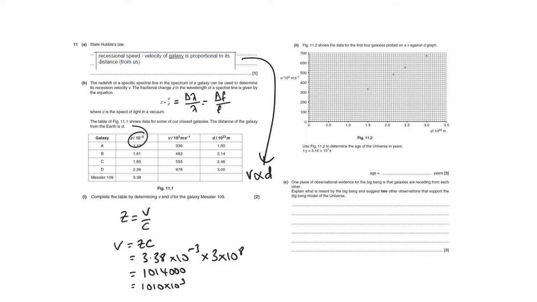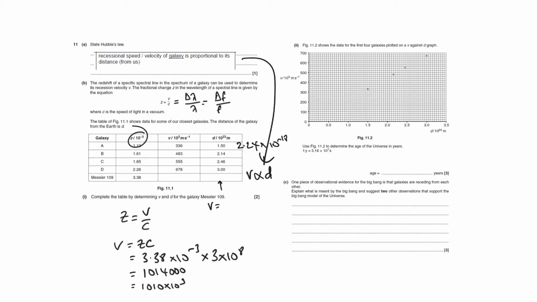So if I do 336 times 10 to the 3 and divide that by 1.5 times 10 to the 23, I then get a value for H0 as 2.24 times 10 to the minus 18. So I can now translate that as part of my answer for d.